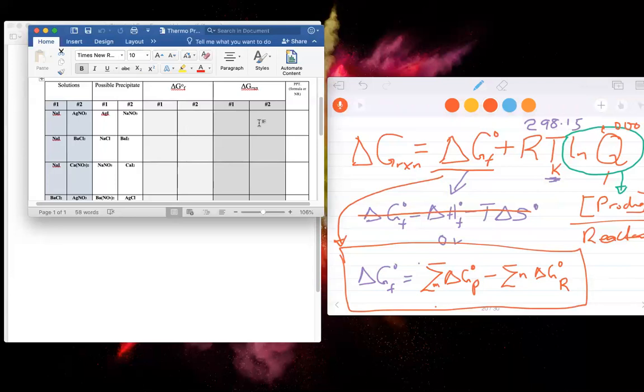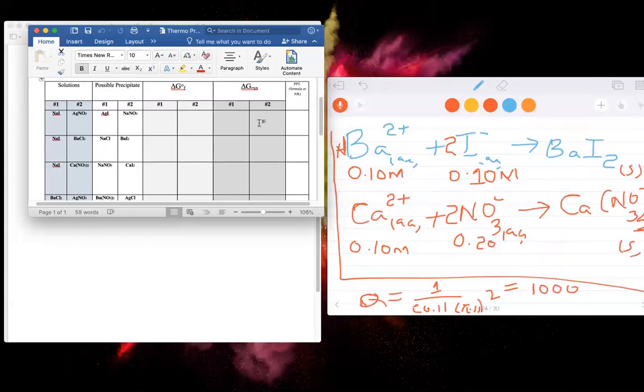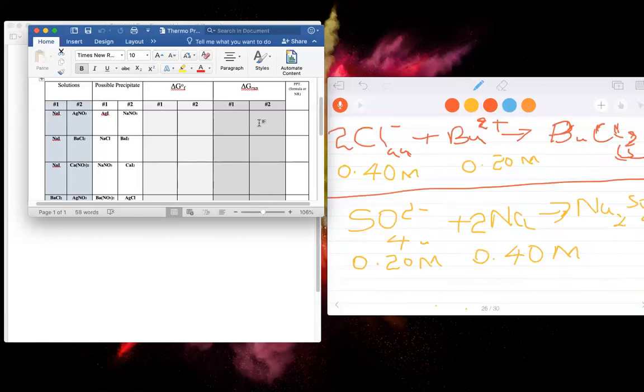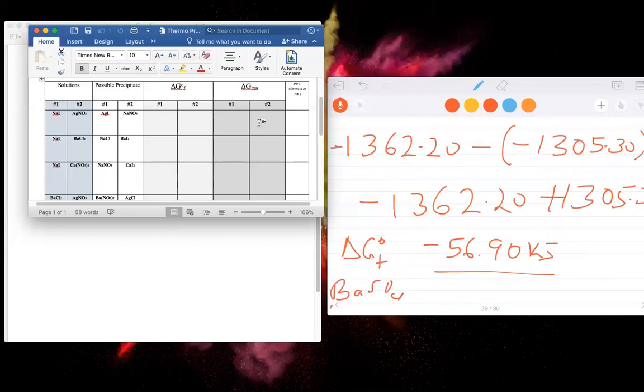sulfate, which was my first one, what I'll do is just use the equation, and I have the values for each one of them. This is negative 56.90, so I'm just going to plug it in there.